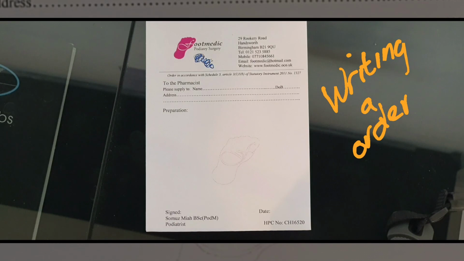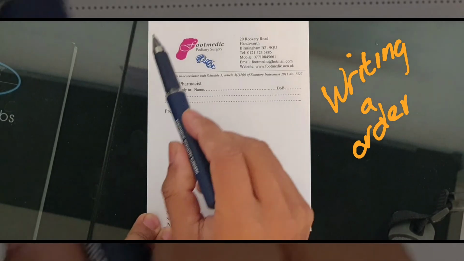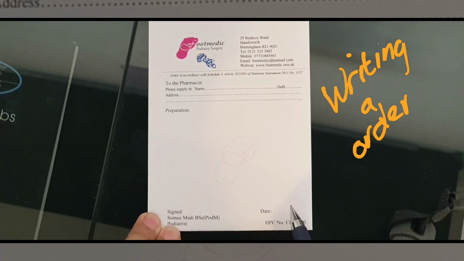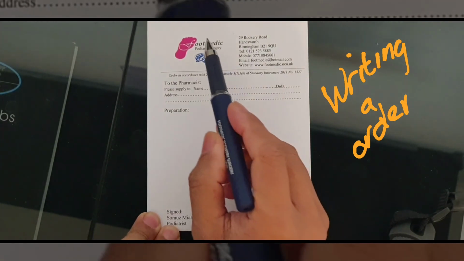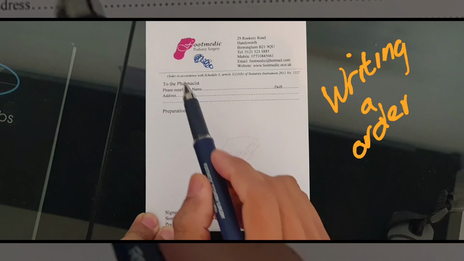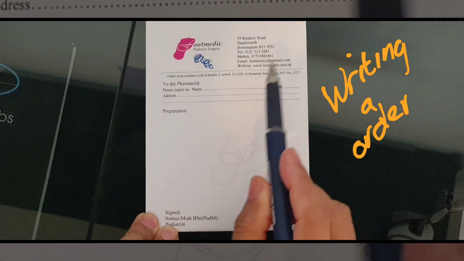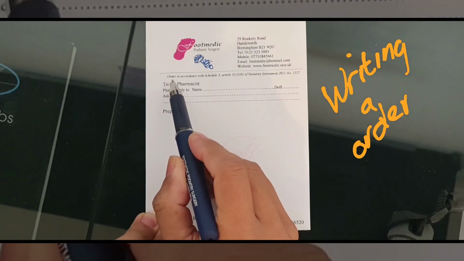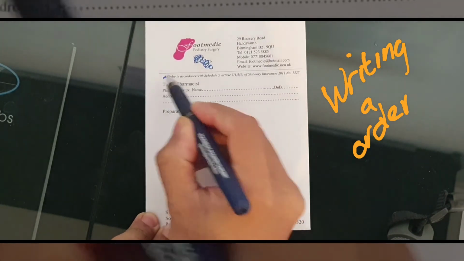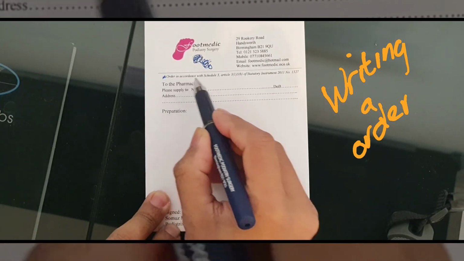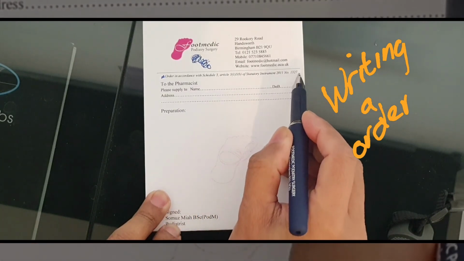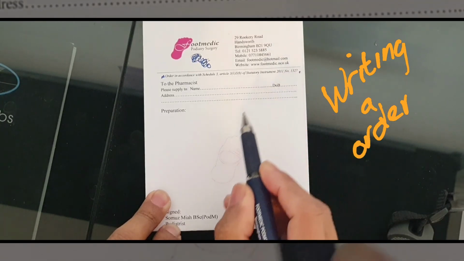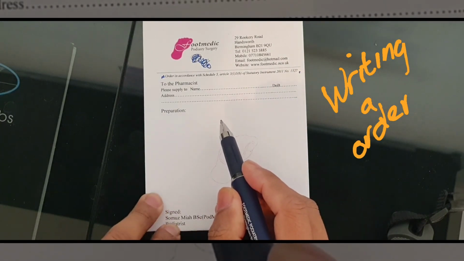How to write a written order. Basically, you can make a simple template yourself on a piece of paper, like I did here for example. Your practice name, your practice address, and I normally put the current date when the law was introduced, so at least the pharmacist knows why I am writing this written order.